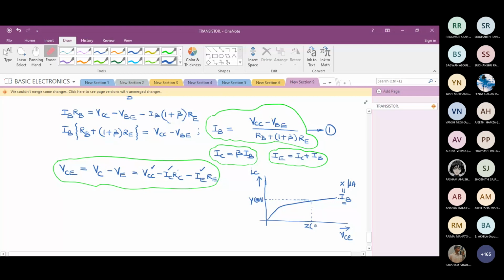Is it okay? Yes, sir. So will this be my operating point Q now? Yes, sir. We did all these calculations to find the operating point.